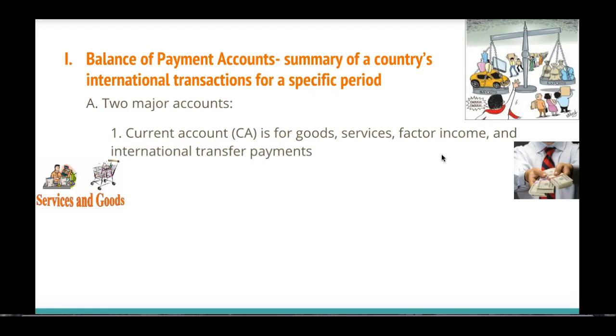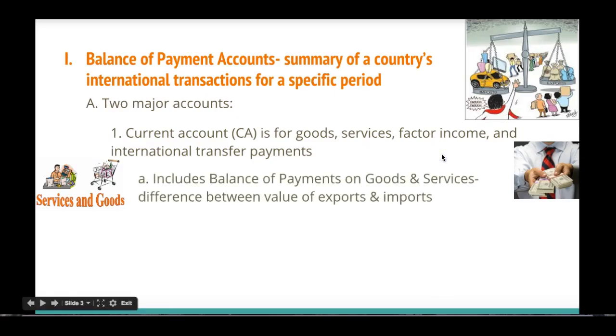Oftentimes, it's because private citizens are sending money home to relatives. A lot of times families sent particular individuals into the country to get a good job, and they're expected to send some of their money home to help out their relatives. So that's included in the current account.